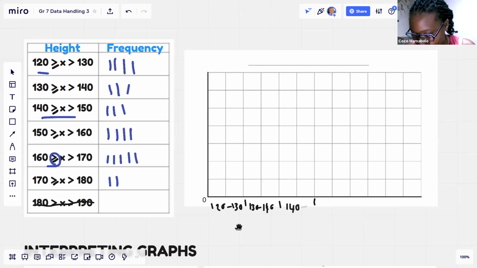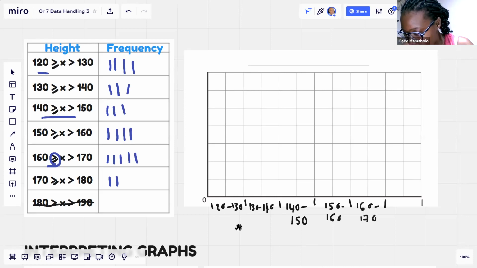I'm very sorry, guys. 140 to 150. And then that one over there will be 150 to 160. This one here will be 160 to 170. And the very last one we've got here would be 170 to 180. Let me write that again. 180. Okay, and that's how we're going to split it.